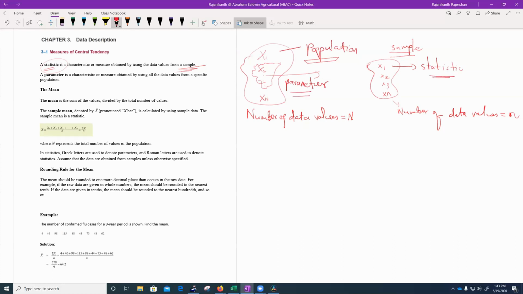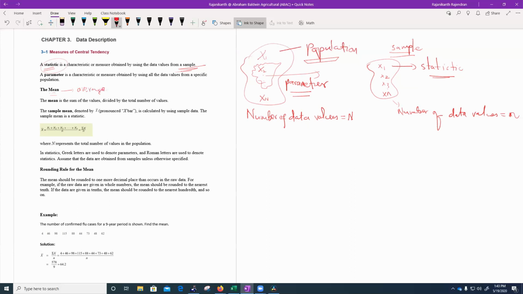So now there are three measures we are going to look at. The first one is the mean. Mean means simply the average value of your data set. How do you find the average? Of course, we all know. Suppose we are given, say, 10 numbers, how do you find the average of those 10 numbers?